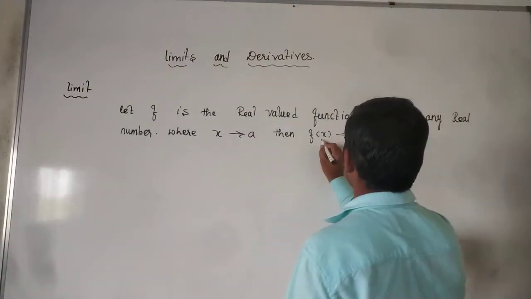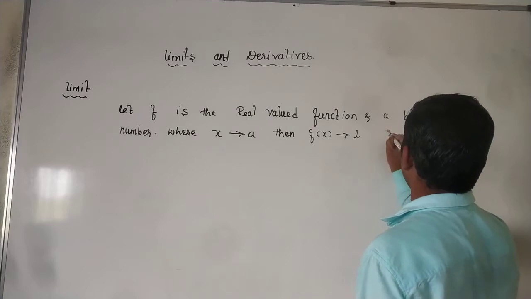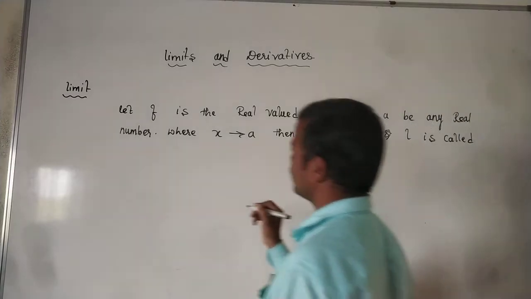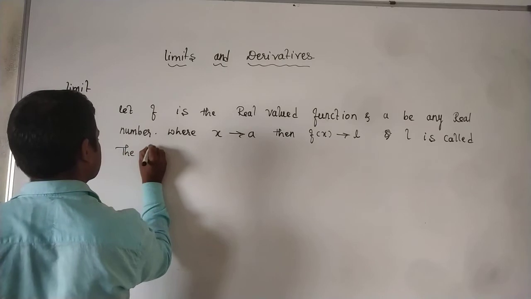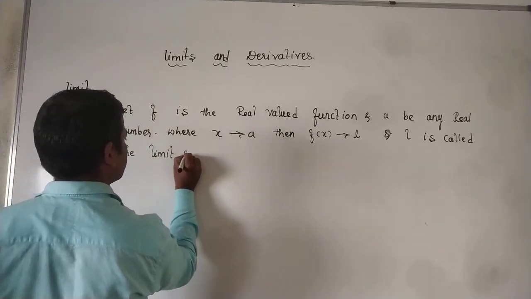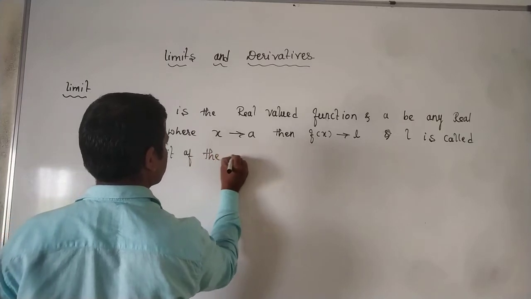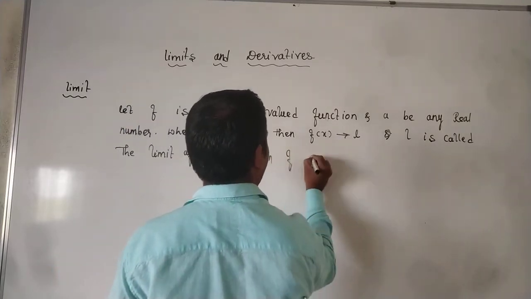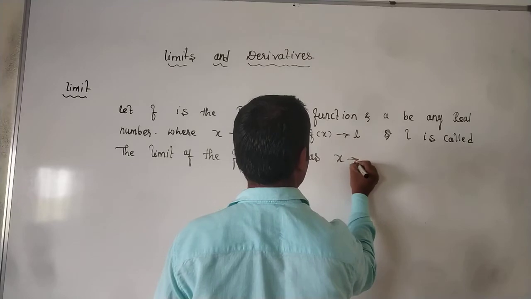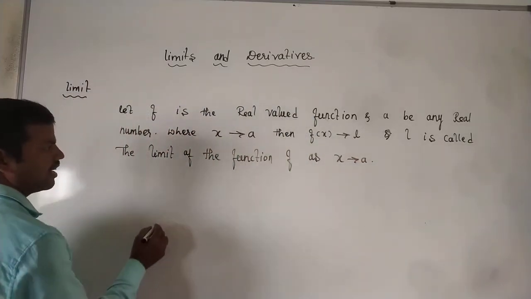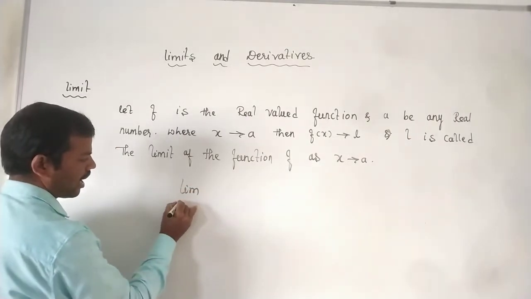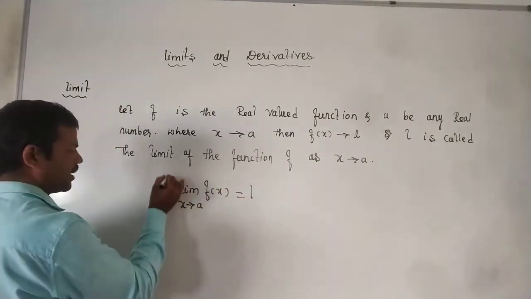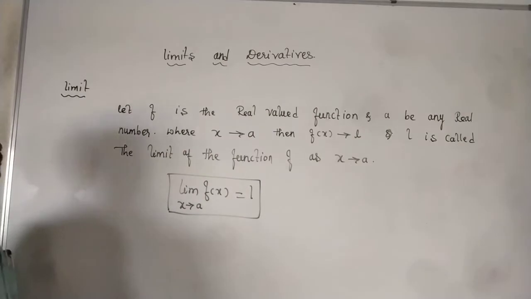Then f tends to L, and L is called the limit of the function f as x approaches a, and we denote it like this. ಇದನ್ನ ಹೇಗೆ ಬರಿಯುತ್ತೇವೆ ಅಂದ್ರೆ limit as x tends to a, f of x approaches L. So we'll write like this. So that is the limit of the function.